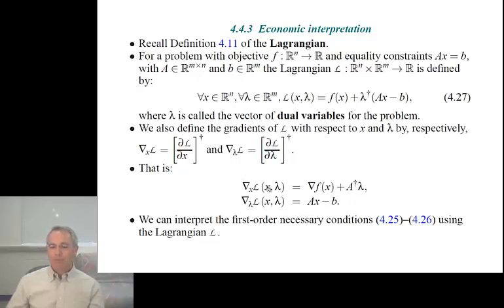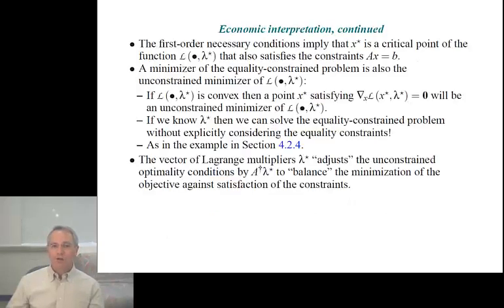Notice that these look very similar to our original optimality conditions, and we can indeed interpret the first order necessary conditions using the Lagrangian. First order necessary conditions imply that x star is in fact a critical point of the Lagrangian that also happens to satisfy the constraints Ax equal to b.